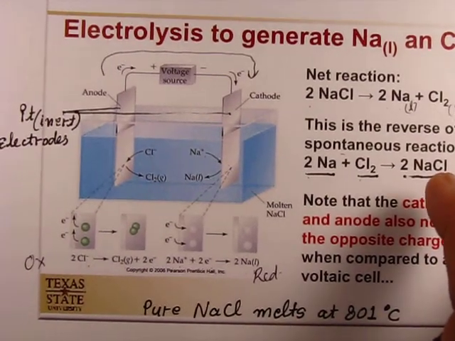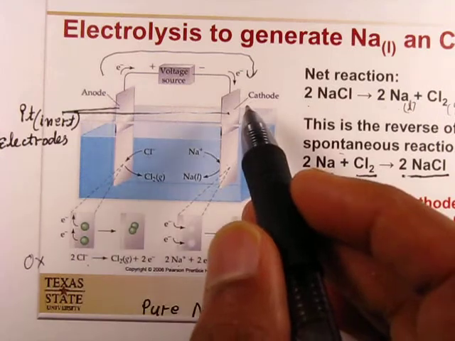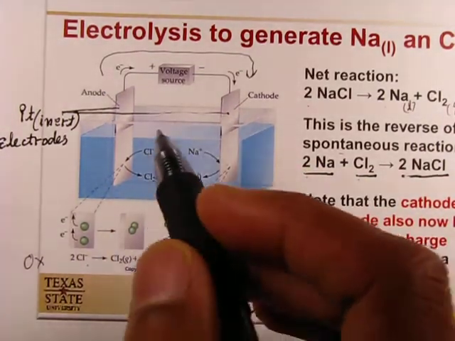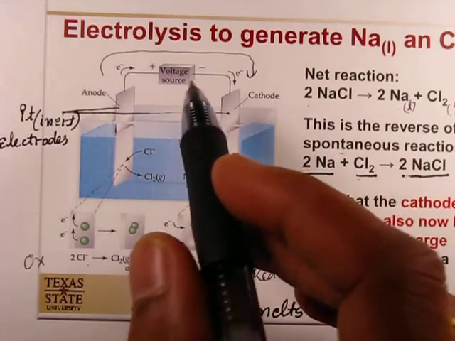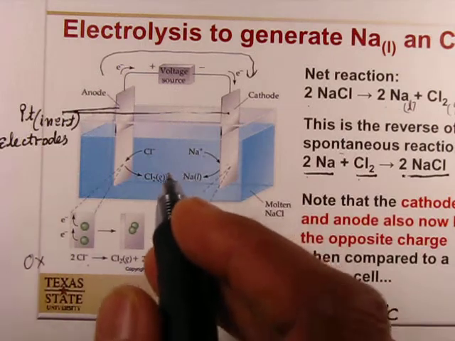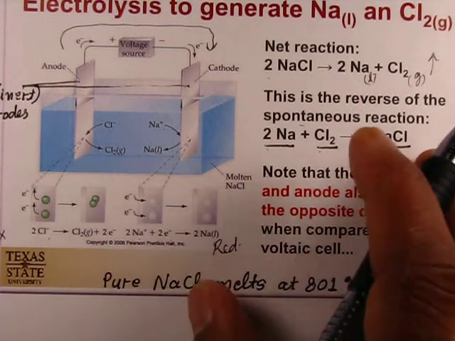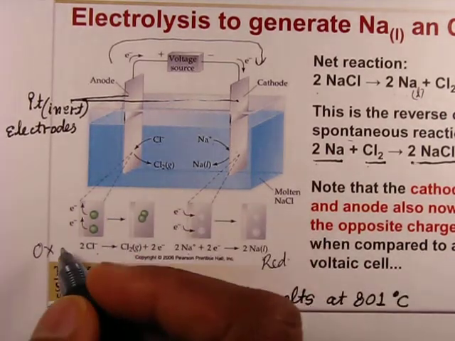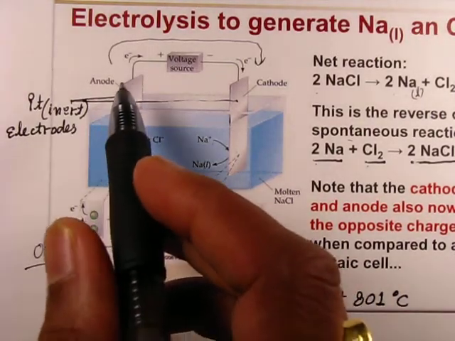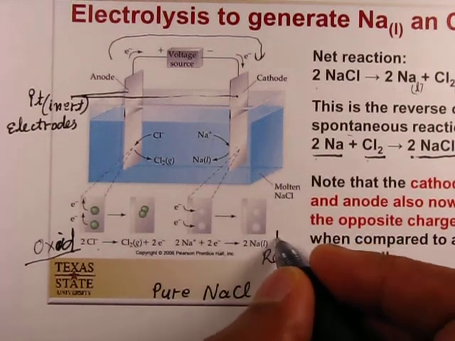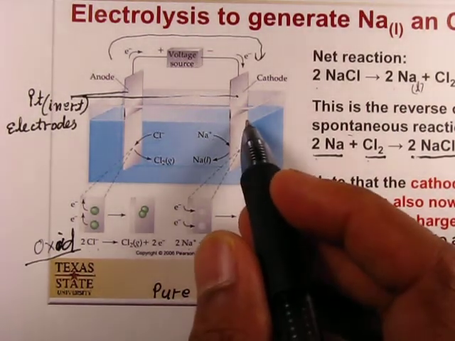But if we are using inert metal electrodes like platinum, one will be the anode, one will be the cathode, and by applying voltage, you can see electrons are flowing from anode to cathode, but their signs have changed: the cathode becomes negative and the anode becomes positive. So the cathode and anode now have opposite charges compared to the voltaic cell, and oxidation of chloride ion occurs at the anode electrode, and reduction of sodium ion into sodium metal occurs at the cathode.